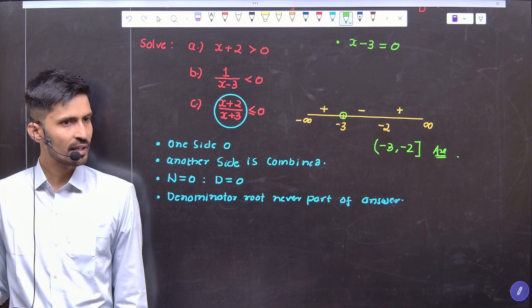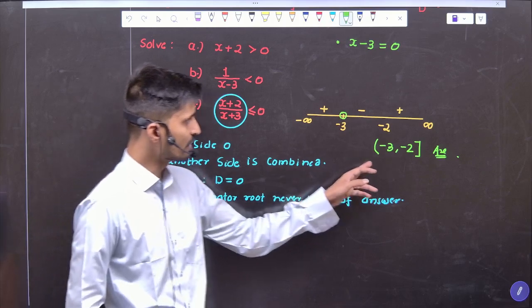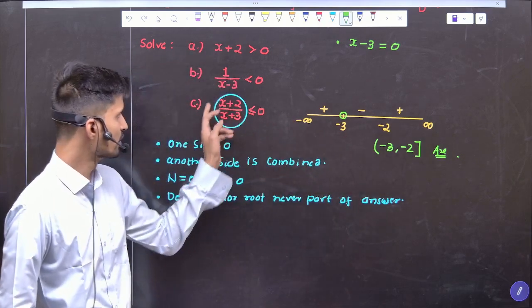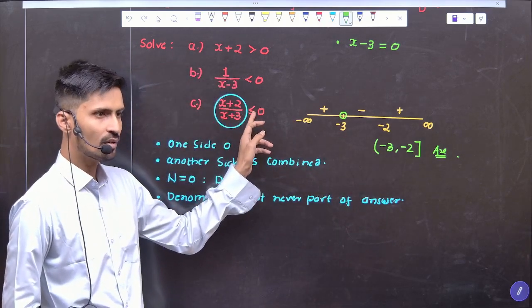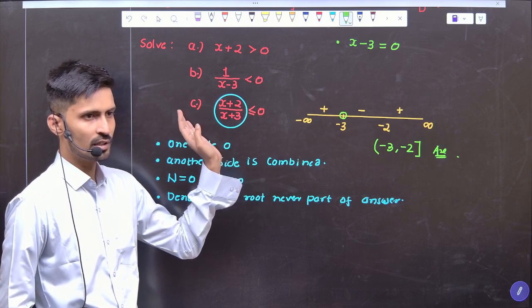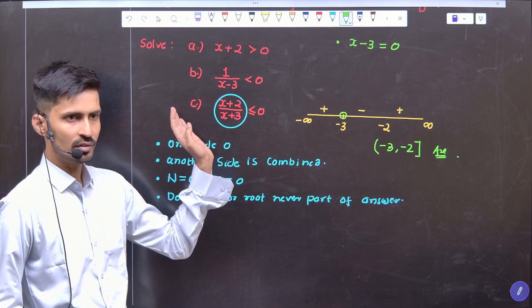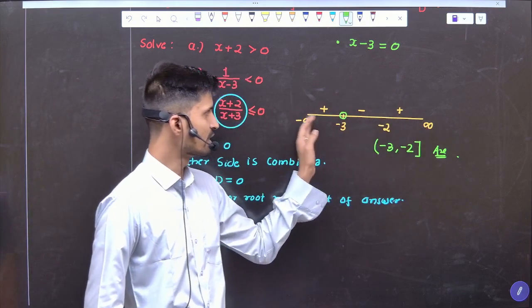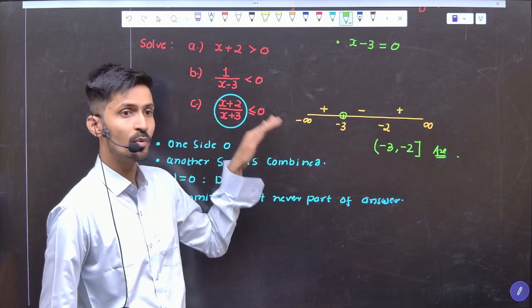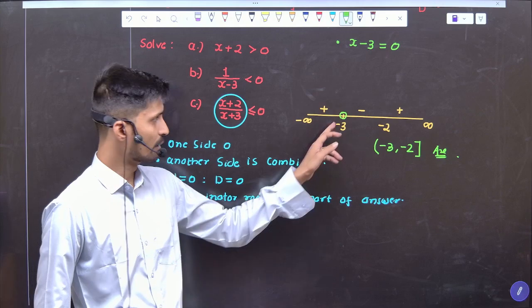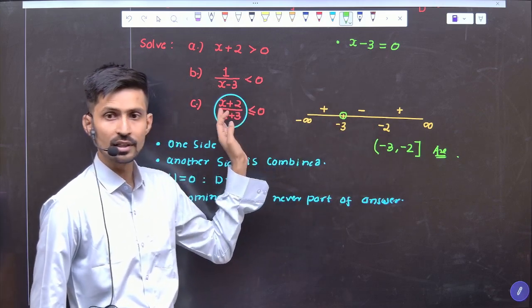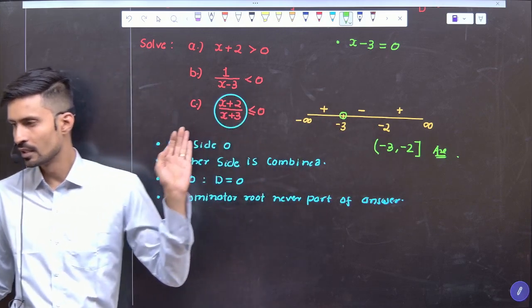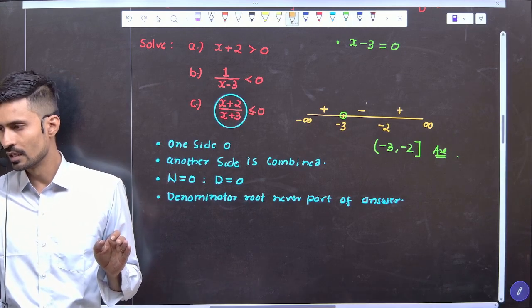It means any number you take between minus 3 to minus 2 will always give you less than 0 or equals to 0. Understood? And any number between minus 2 to infinity, or minus infinity to minus 3, will give you positive value. And numbers between this and this will give you negative value. Everyone understood? Write down.